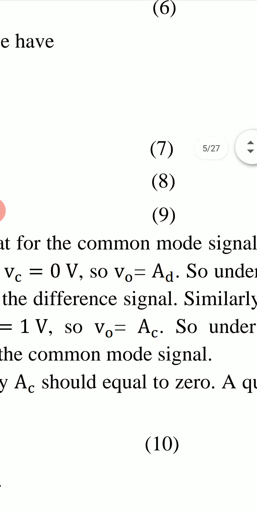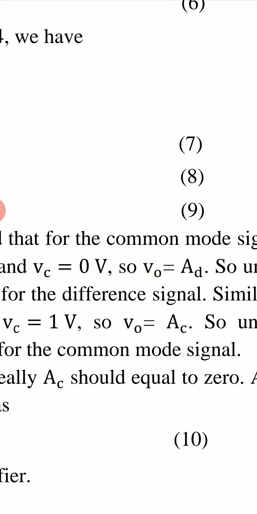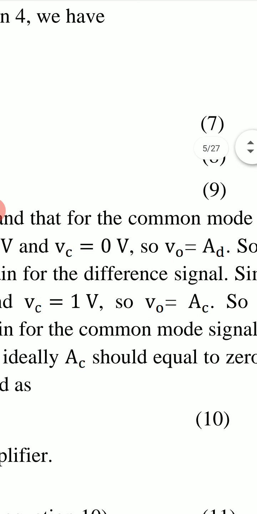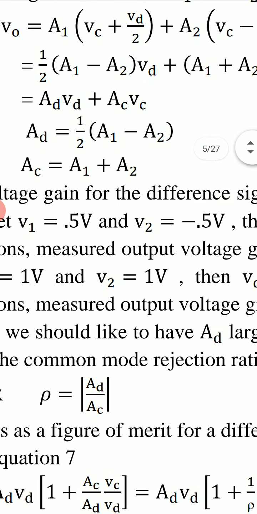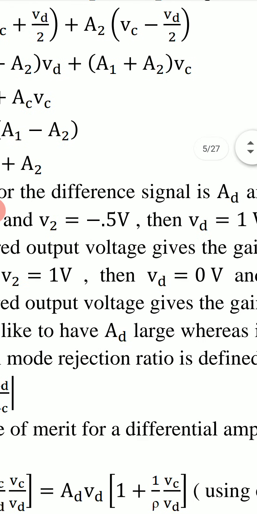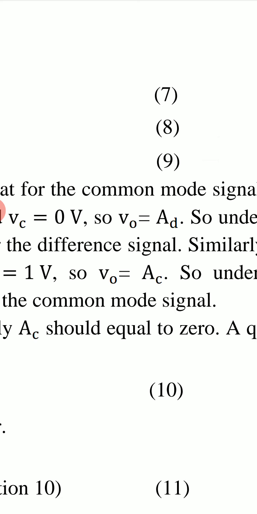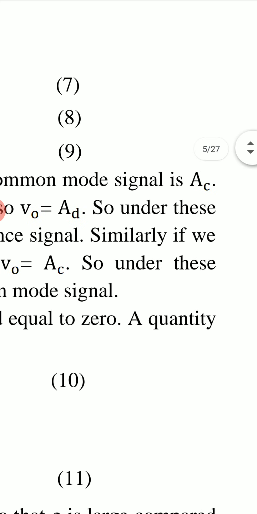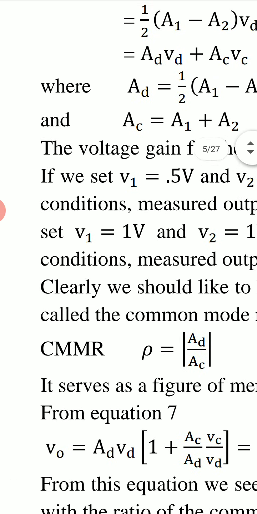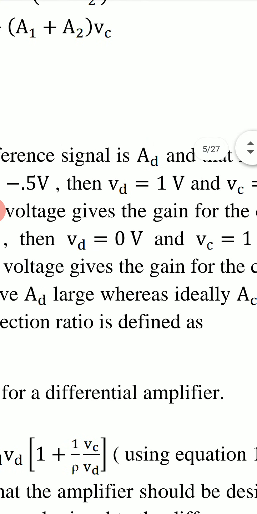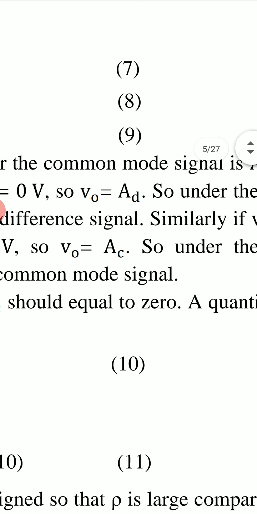So if two input signals which are applied at input terminals of differential amplifier are plus 0.5 volt and minus 0.5 volt, output voltage obtained is equal to Ad, which is voltage gain for difference signal. So under these conditions, measured output voltage gives the gain for the difference signal.